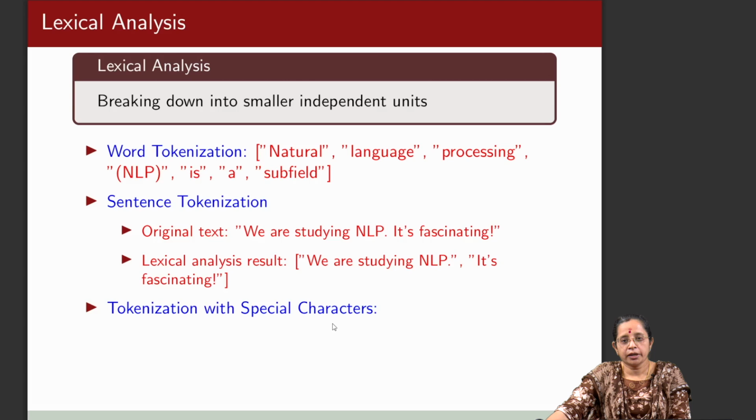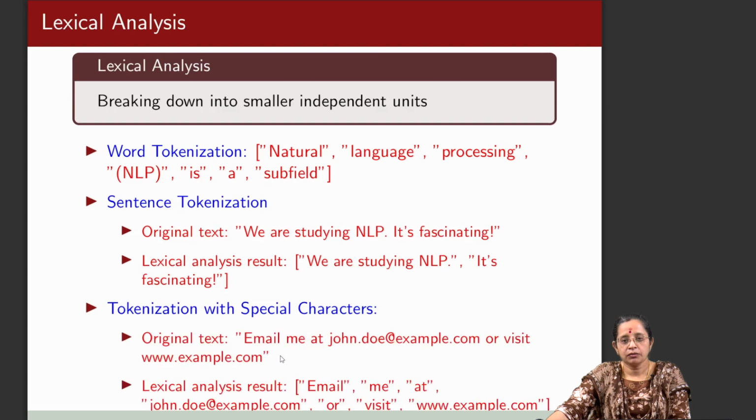With tokenization with special characters, the special characters will be removed with this type of it. So if, say for example, you have the original text, email me at john.doe@example.com or visit www.example.com.